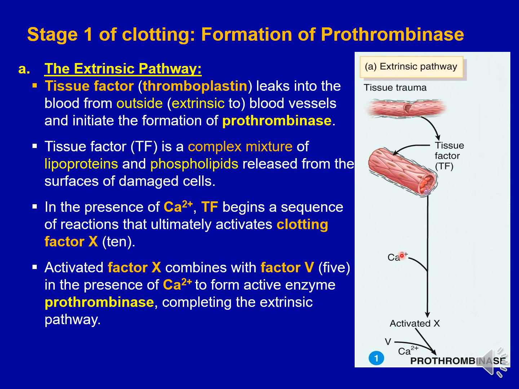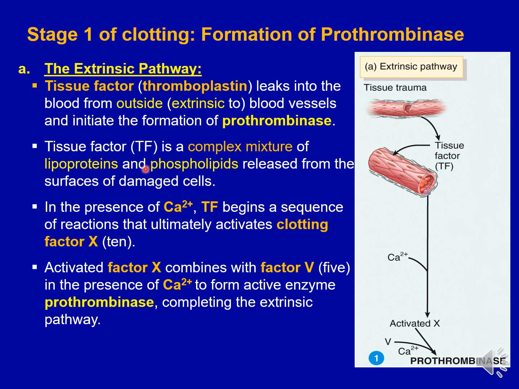In the presence of calcium, tissue factor begins a sequence of reactions that produce activation of factor 10. So tissue factor with calcium will produce activation of factor 10. Active factor 10 plus active factor 5 in the presence of calcium will form prothrombinase, completing the extrinsic pathway.